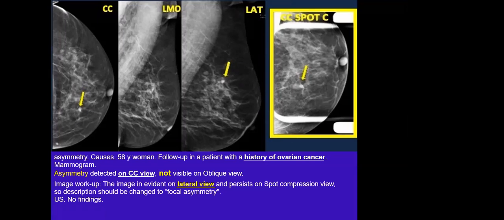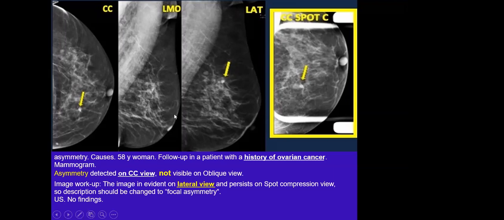The image is evident on the lateral view and persists on the spot compression view. So now it becomes a focal asymmetry rather than an asymmetry, because it is seen on the lateral and on the two views, CC and lateral view.